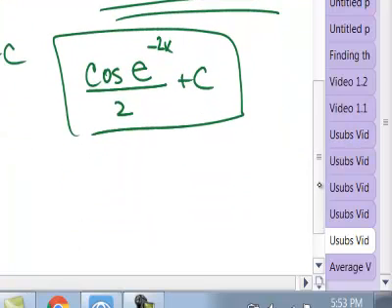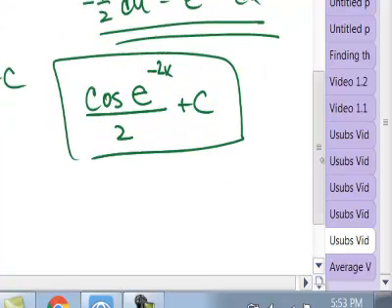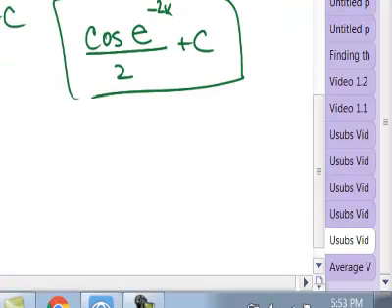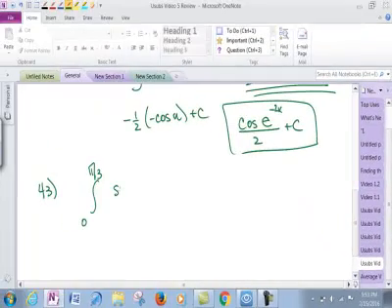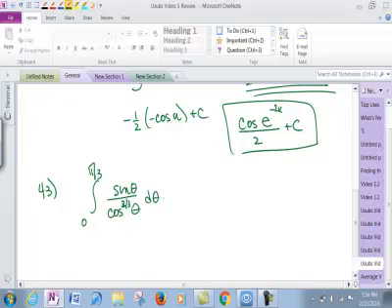All right, let's do one more, and this one is number 43, I believe on the same page. I didn't write the page down. Hopefully it's number 43. This time it's a definite integral with exact values. We like those. We've got the sine of theta over the cosine to the 2/3 power of theta, d theta.